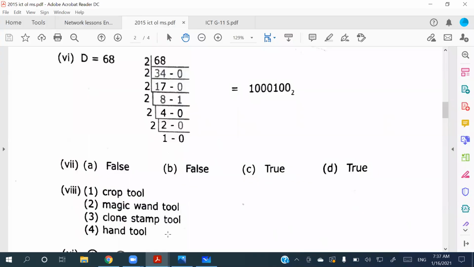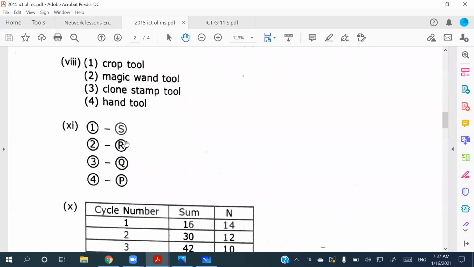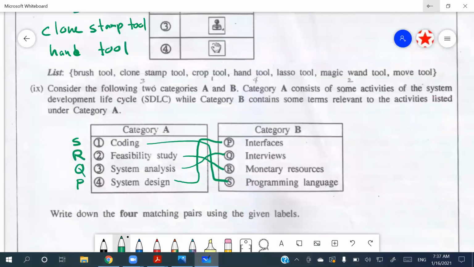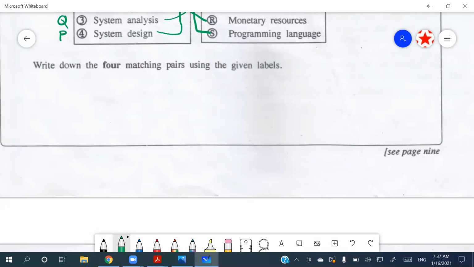So marking scheme says, yeah, S, R, Q, P, right? So it goes the same way. Right, so you can have 0.5 for each correct matching. S for 1, R for 2, Q for 3, and P for 4. Okay, moving to the last question of the first question.